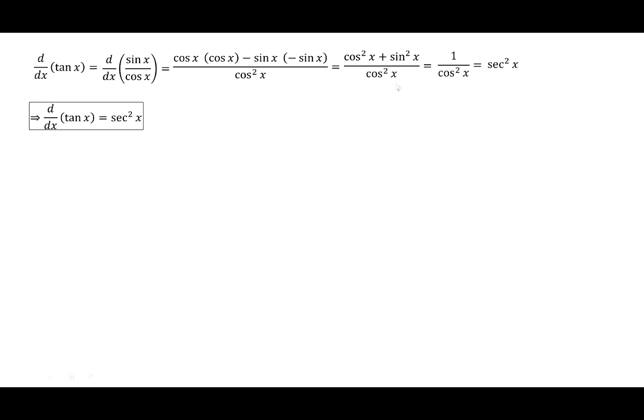So I could very well ask you this part: show that the derivative of tangent x equals secant square x. That means you would have to go through this quotient rule and all of this stuff. Okay? Next. What is the derivative of cosecant x? Derivative of cosecant x.